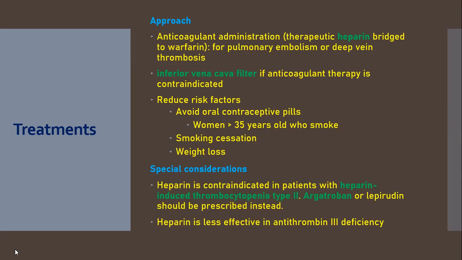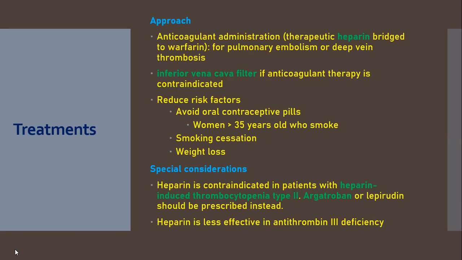And some of its approaches is to reduce the risk factors, such as trying to avoid taking oral contraceptive pills, especially for women who are greater than 35 years of age, as well as trying to quit smoking, or exercise regularly to reduce weight, especially for patients who are obese or overweight.